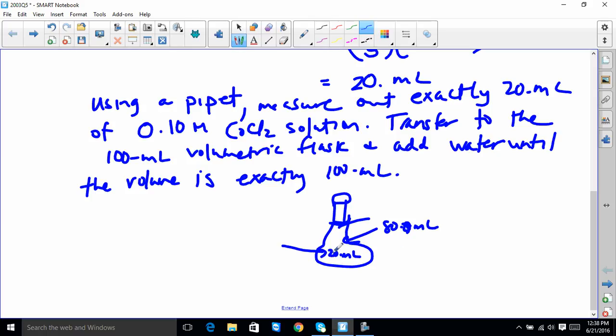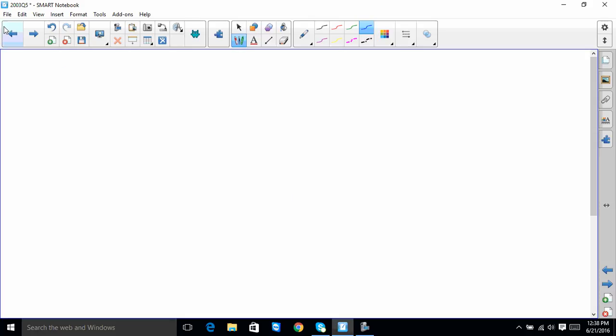Remember, molarity is moles per liter, and when you make the volume 5 times more, you're dividing by 5, so it makes it 5 times less concentrated. So hopefully that answer is okay.